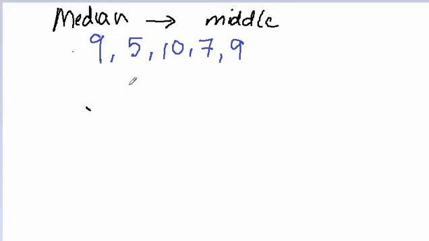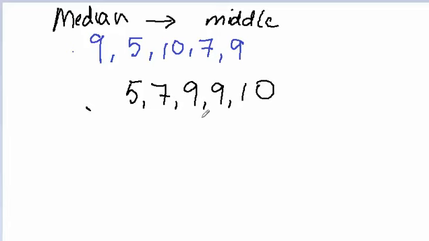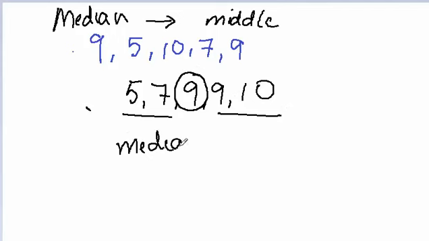The smallest number here is 5, and then the next number is a 7. You have one 9, you have another 9, and you have a 10. The middle number is the one that appears right smack dab in the middle of all the numbers. You have 2 numbers to the left, you have 2 numbers to the right. You have this one number sitting in the middle. So the median is equal to 9.